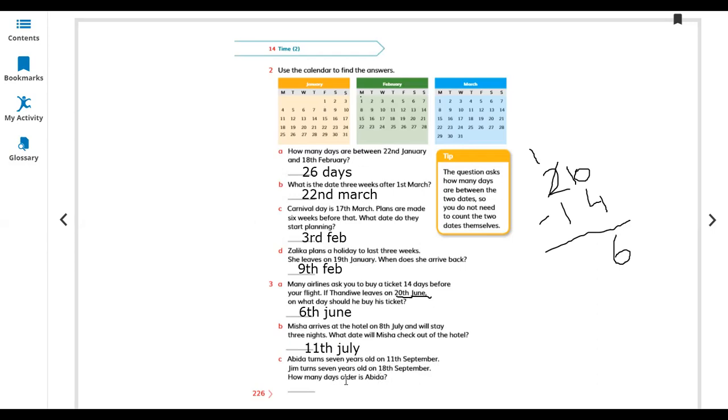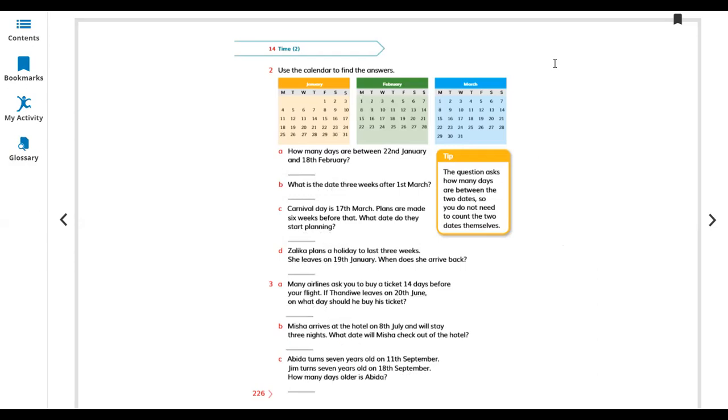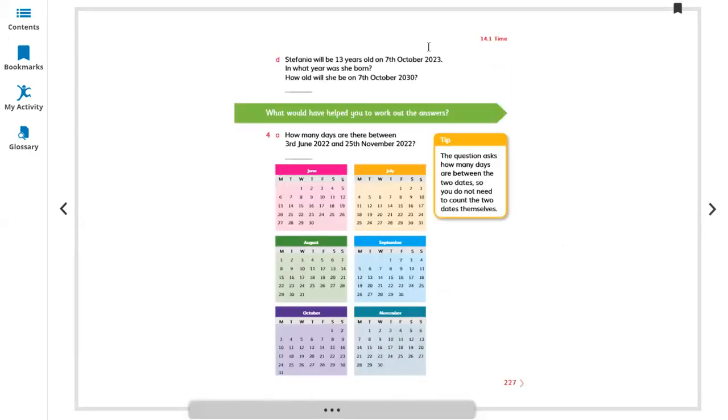From 11 until 18, it's 7 days difference. Let's move to the next page. Part D.